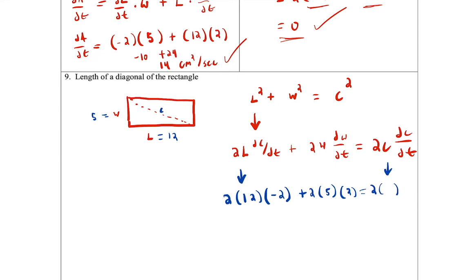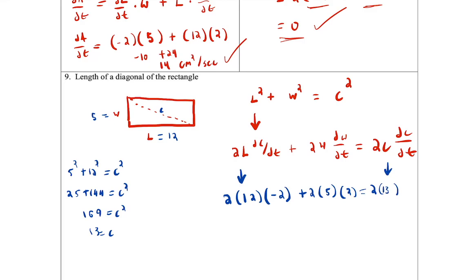We weren't given c, but that's okay because we can find it. Remember, 5 squared plus 12 squared is equal to c squared just by the Pythagorean theorem. So 25 plus 144 is equal to c squared. 169 is equal to c squared. c is equal to 13.